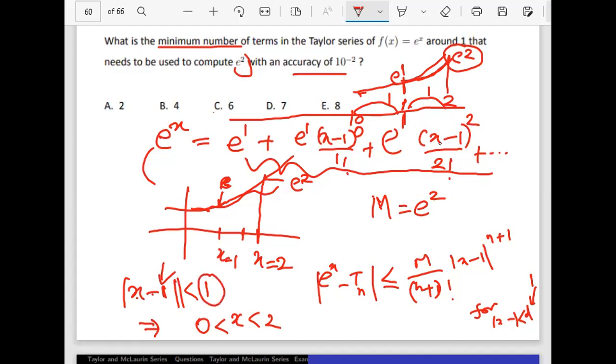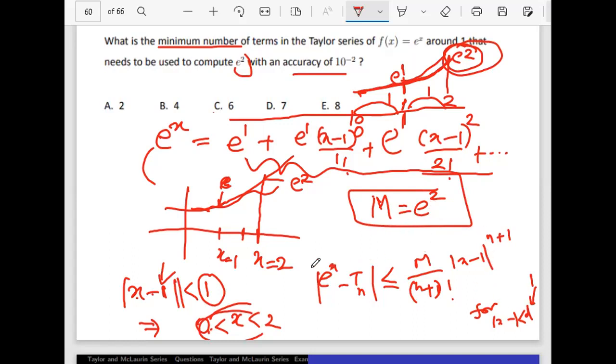So when we expand this, you get this one. Now we have to consider this interval. Over this interval, the function is bounded by e to the 2, right? You grab this value.